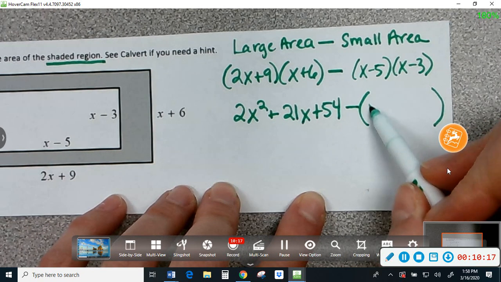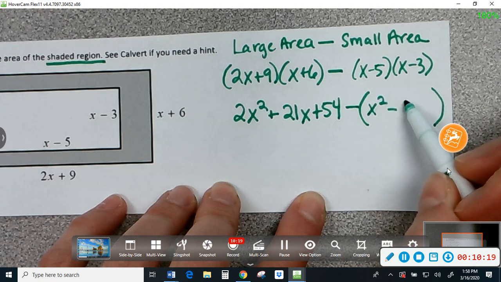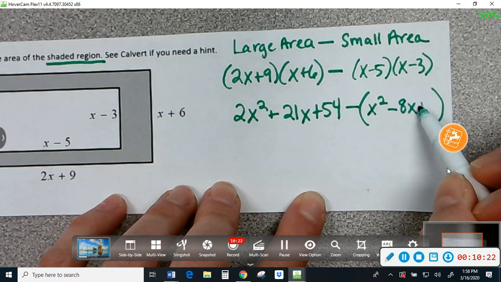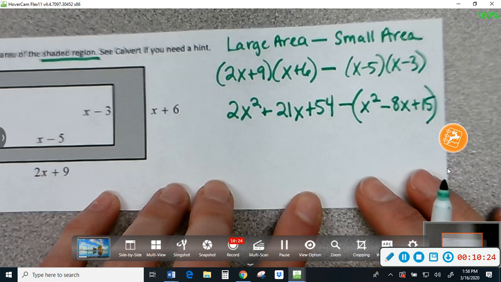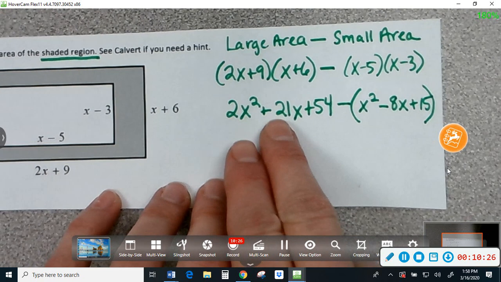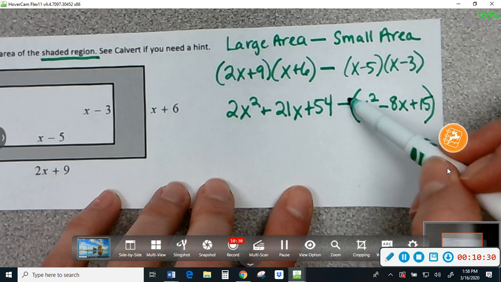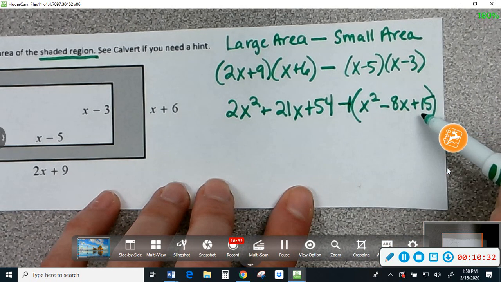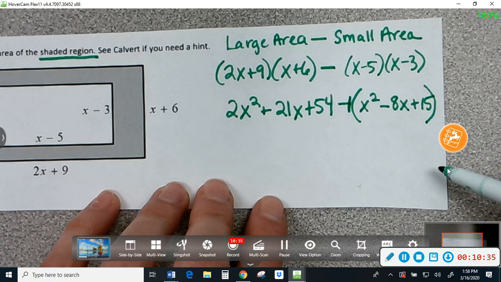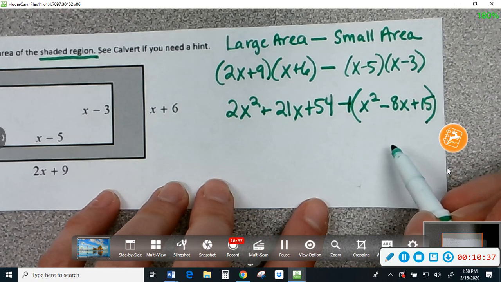This would be x squared minus 8x plus 15. Okay, so now that you have the two areas, you're ready to do the subtraction. Remember again, this is like a -1 that's going to get distributed in. Go ahead and pause the video and see if you can finish the problem.